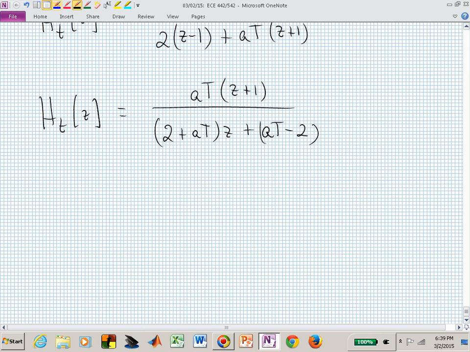Where is our pole now? We can set the denominator to 0. We can now say 2 minus AT divided by 2 plus AT is where our pole is.